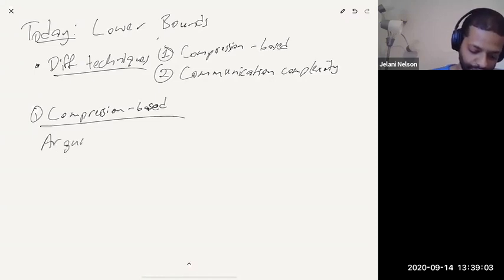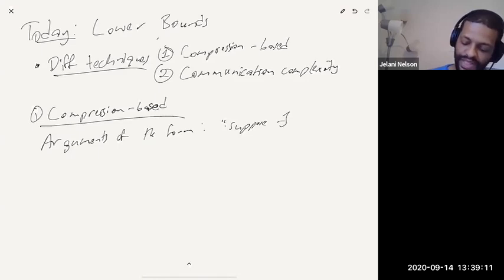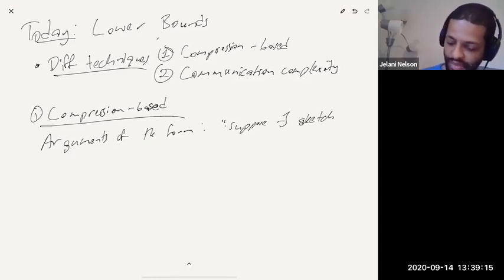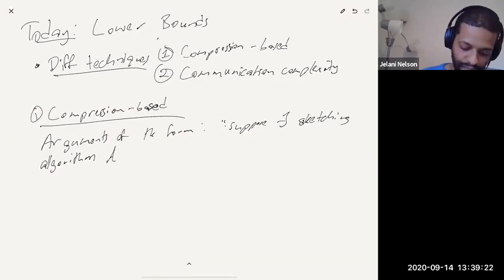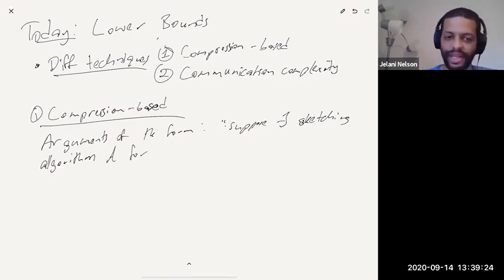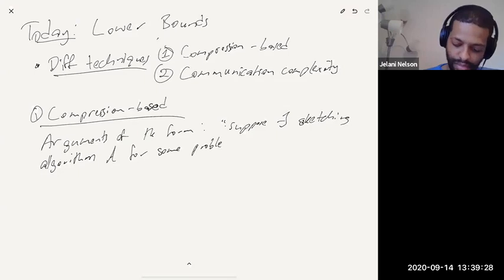Arguments of the form: suppose there exists a sketching algorithm A for some problem like distinct elements or quantiles, using S bits of memory.